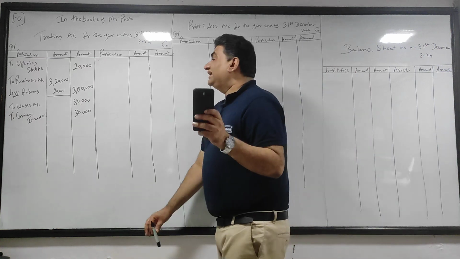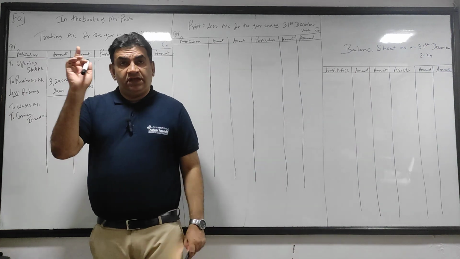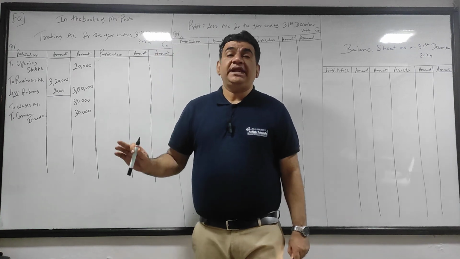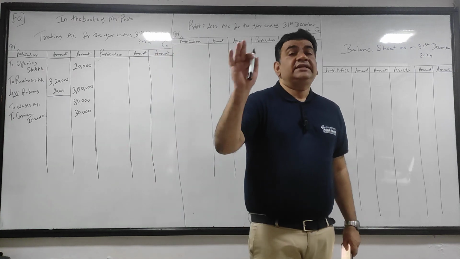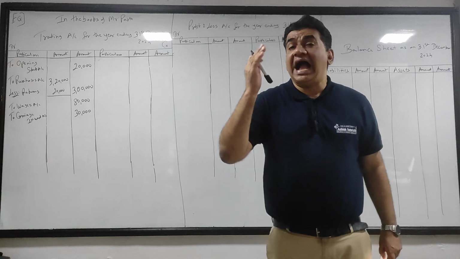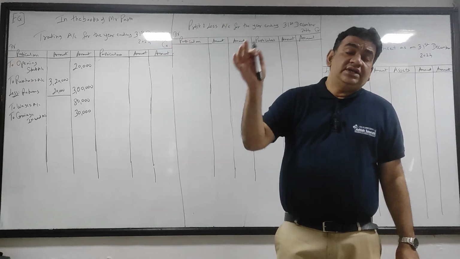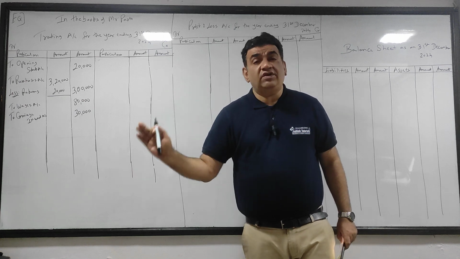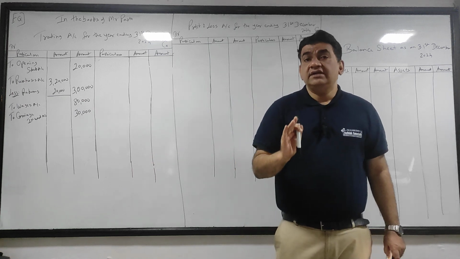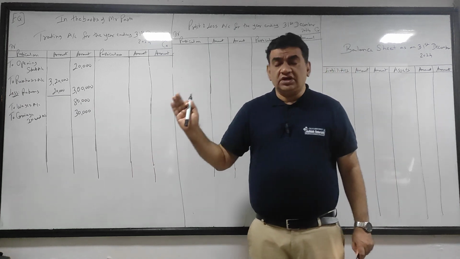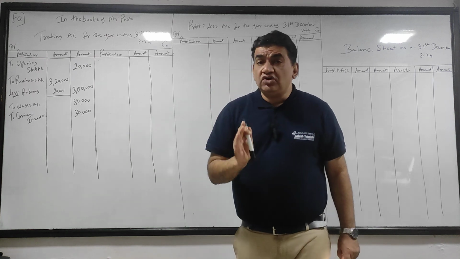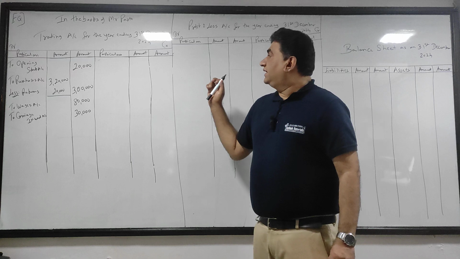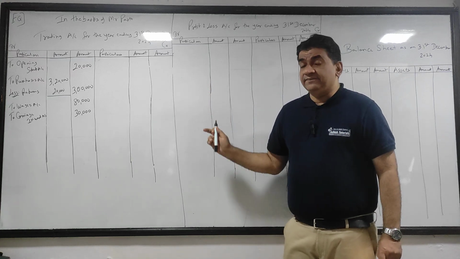Next, carriage outward. We saw carriage inward. Carriage inward क्या था? Carriage paid on purchase of goods. Now carriage outward, outward going out. So carriage outward is transport charges paid on sale of goods, and because it is an indirect expense, it will be debited to P&L.